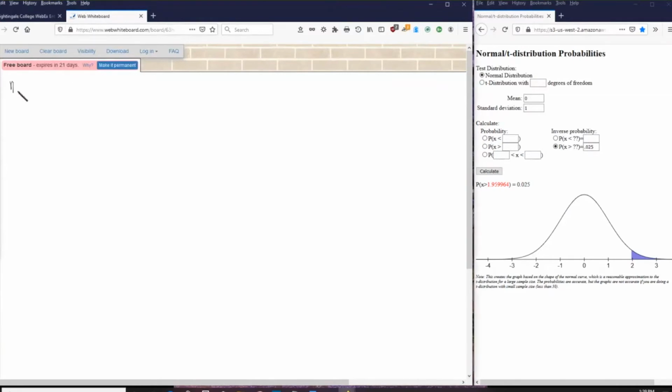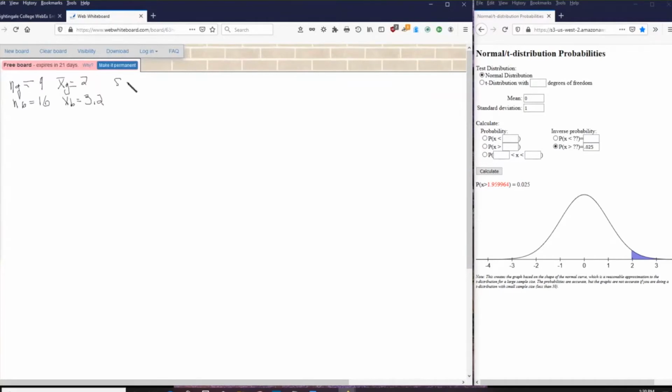So we have the sample size of the girls, which is 9. The sample size of the boys is 16. The mean of the girls is 2. The mean of the boys is 3.2.